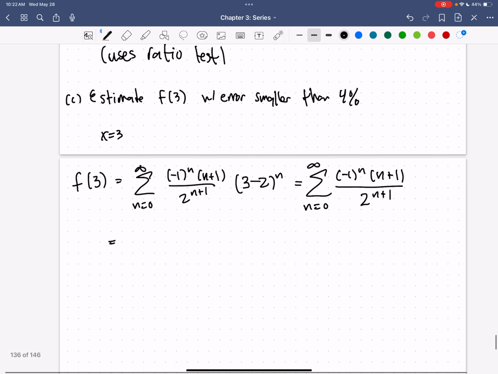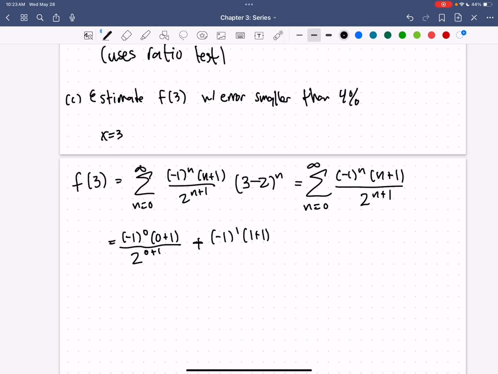And what we can do is start plugging in some values for n and just expanding this out. So we get negative 1 to the 0, 0 plus 1 over 2 to the 0 plus 1, plus the same thing, but instead of 0, n is equal to 1. So we have negative 1 to the 1, 1 plus 1 over 2 to the power of 1 plus 1, and so on.